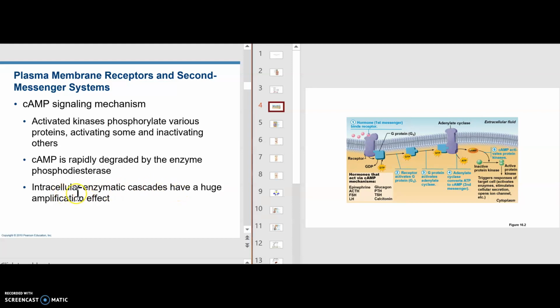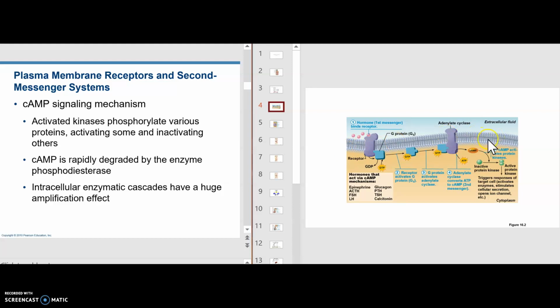Okay. Because of this amplification process, here's something else. If this cell, let's say, had 100 receptors for this hormone, all you generally have to occupy are 50 receptors to get 100% of the action, which is different than the steroid hormones. I'm just using theoretical numbers; it would be far more than that.